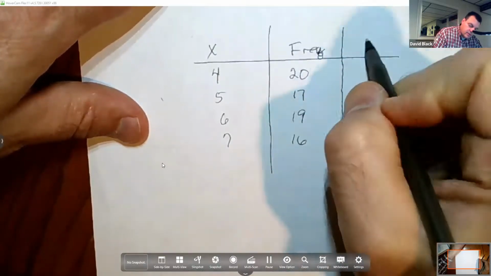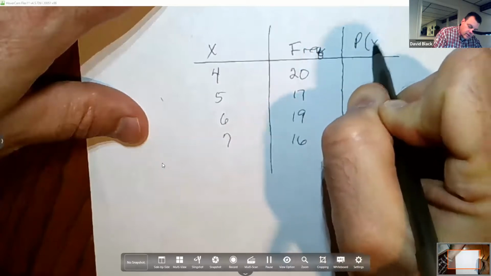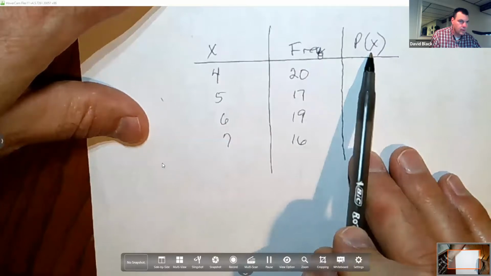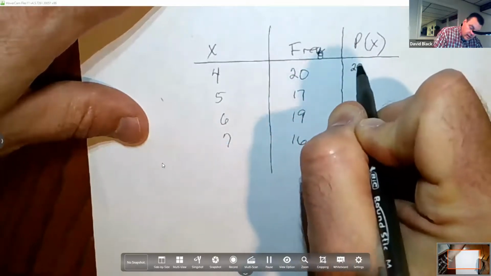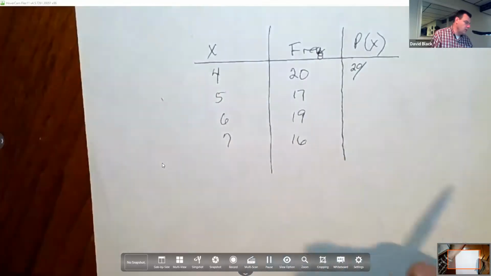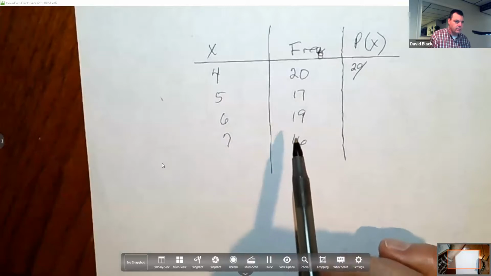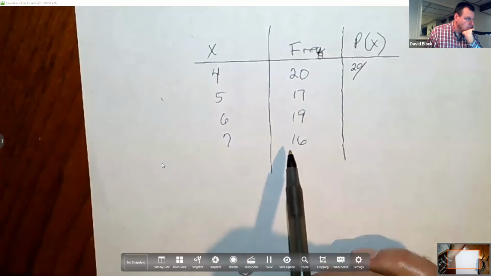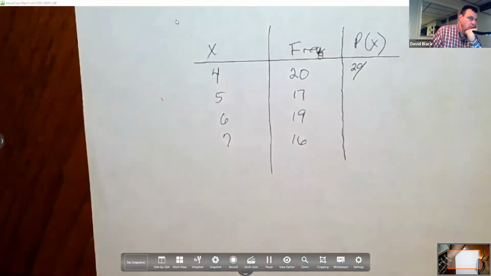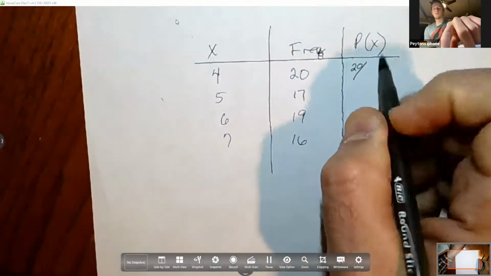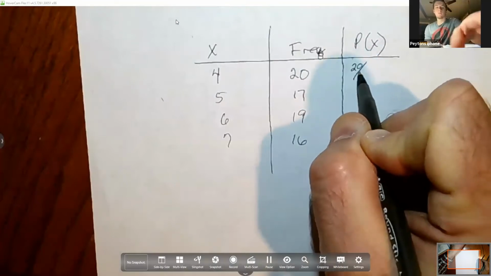Now, a frequency distribution, the part I'd probably give you on your test, would have the probability of each of those outcomes. So here the probability would be 20 out of the total number of finals. Has somebody added up the frequency column yet? 72, okay.